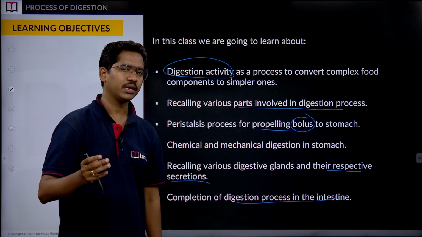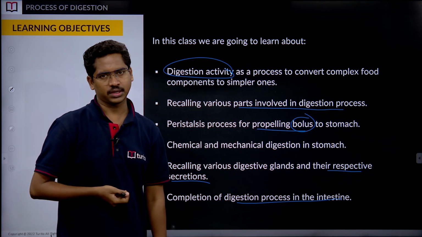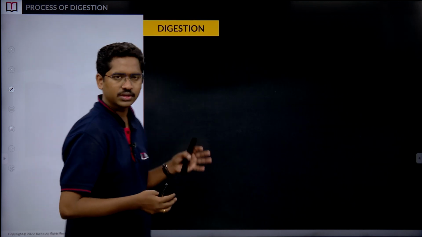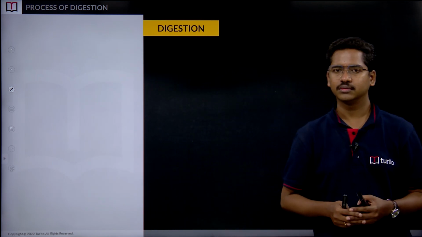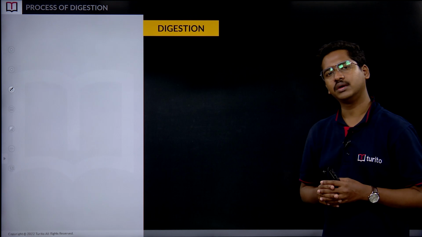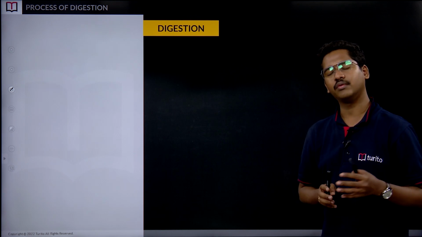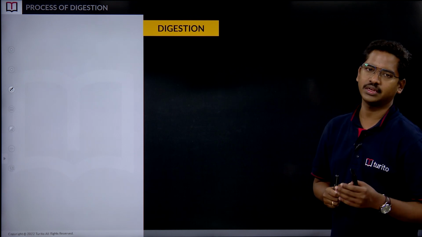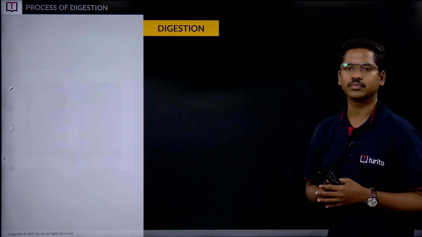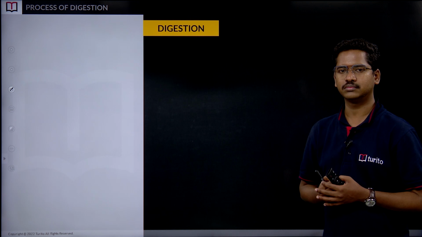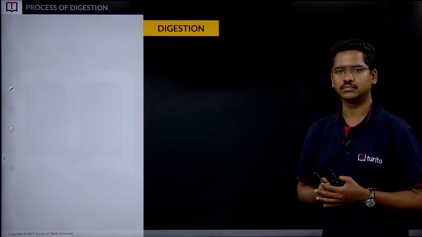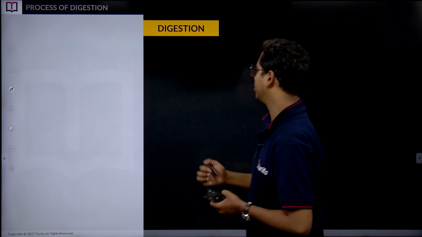So, can you tell me in which part of the small intestine the digestion gets completed? Which part of the digestive system, that is, which part of the small intestine, does the digestion get completed in? Okay, some of you are saying jejunum.